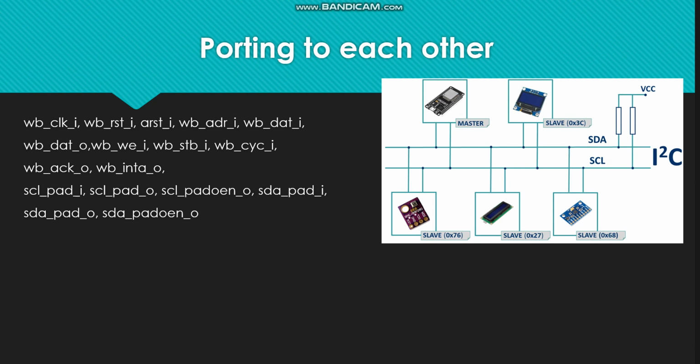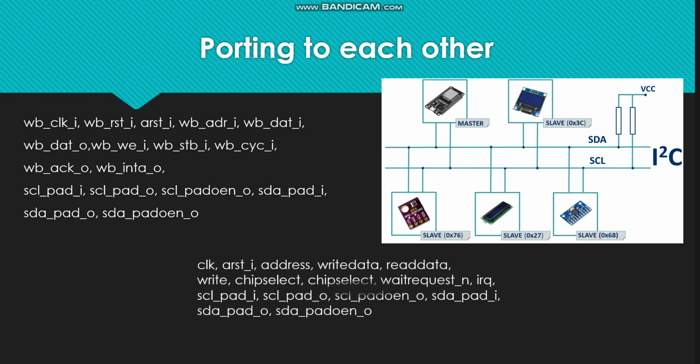For Avalon, it will be the wait request. Those two modules are the same, this one for Wishbone and this one for Avalon. This is how we can use the model in Wishbone, and this is how we can use it in Avalon.